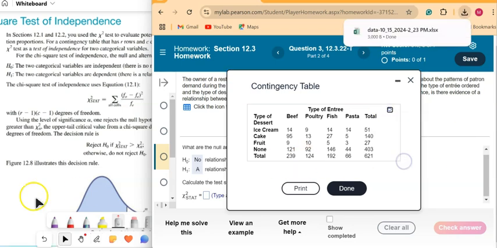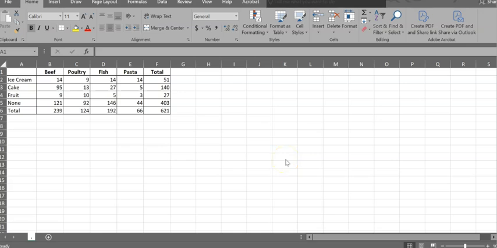Once you export the table to Excel, you're gonna see here the type of desserts: ice cream, cake, fruit, none. And here the type of entries, which is beef, poultry, fish, pasta, and of course they give you the total on the last column and last row. Please consider that the last column and last row are not part of your contingency table. They are only the totals.